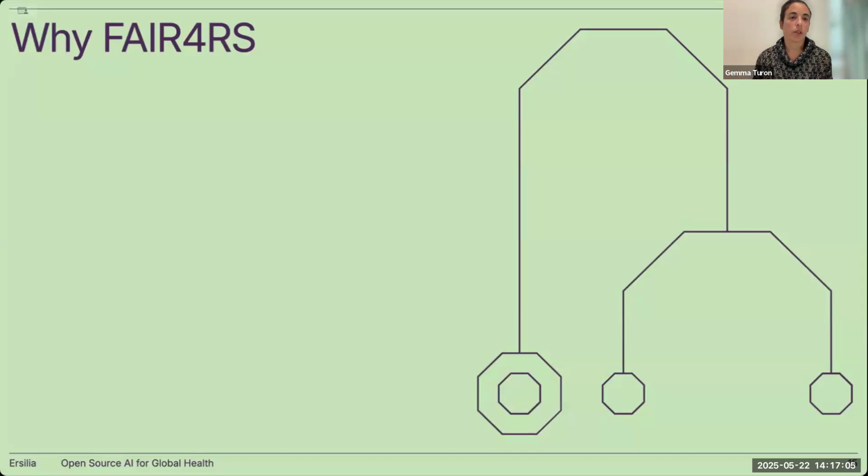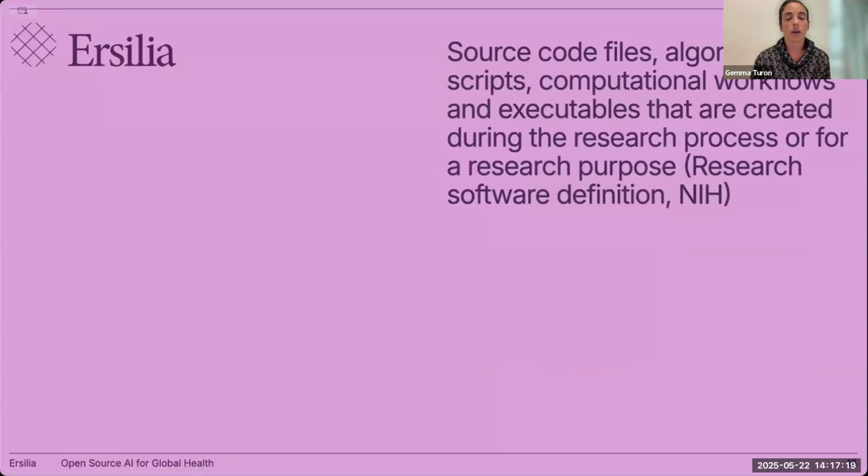So just before we go into looking in detail at the F-UJI tool, I wanted to stop a bit and think about what is FAIR for research software and why it is important to Ersilia. So research software is basically a digital object as defined by the NIH.